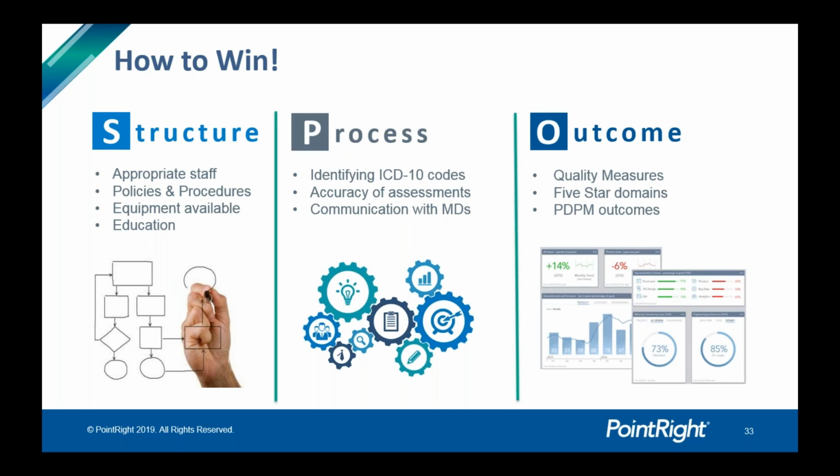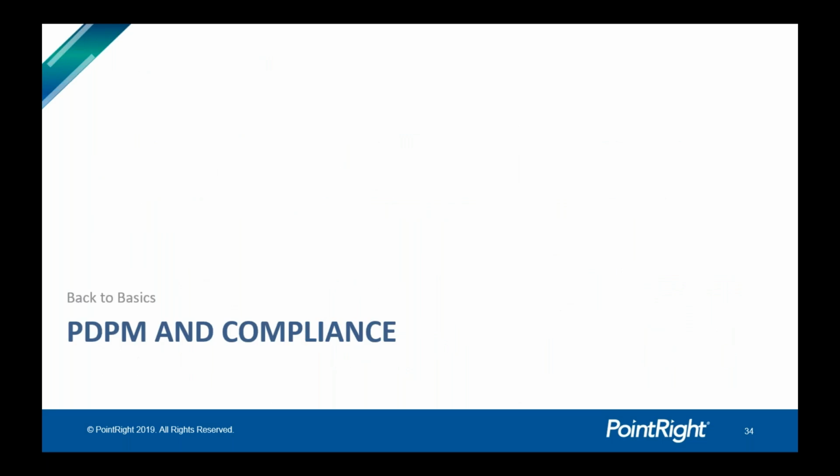So within that structure, you can then have your interdisciplinary communication, your documentation to capture accurate assessment of the resident, and that leads not only to successful PDPM outcomes, but accurate QMs and accurate 5-star ratings. So really important for winning the game.